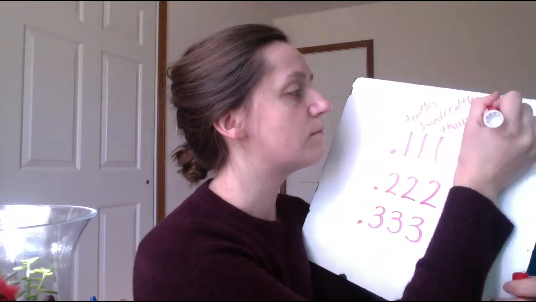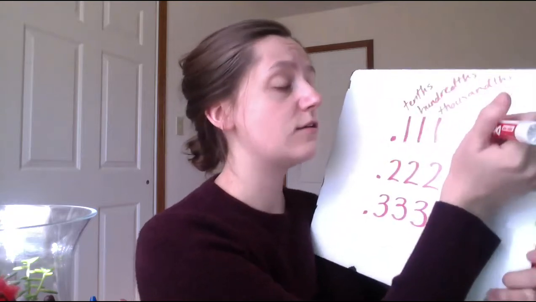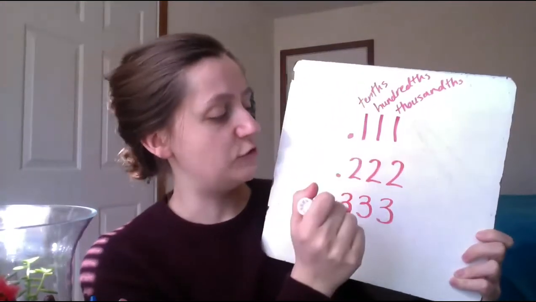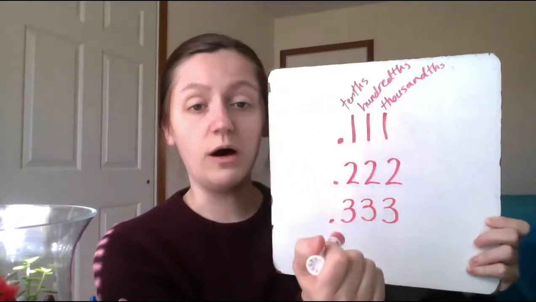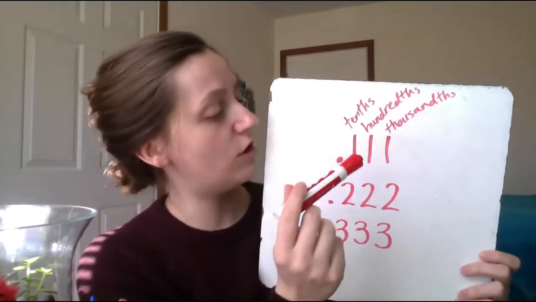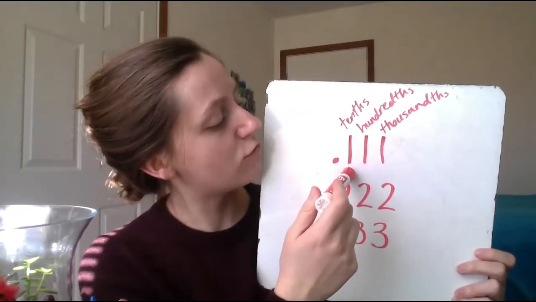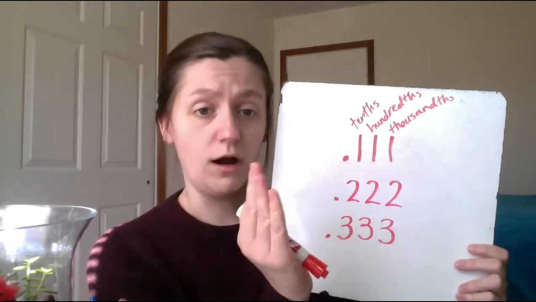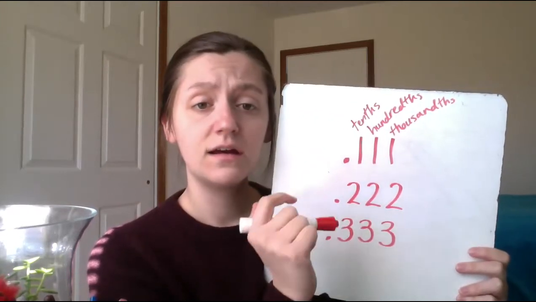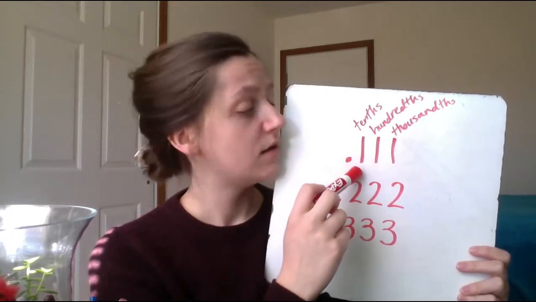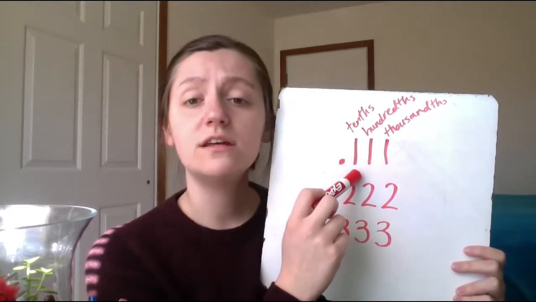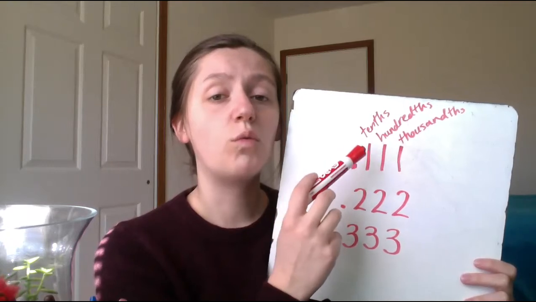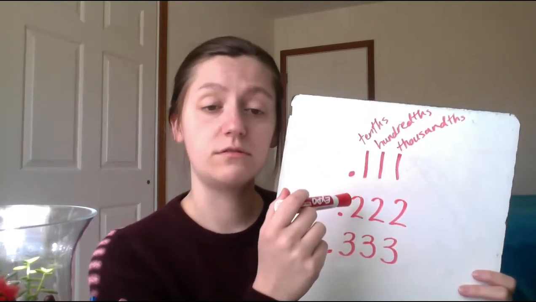So my first step is going to be to compare each of these numbers in the tenths place. I want to see which number is the smallest. I want to see which number is the largest. So if I look at it, I have 1, 2, and 3. So right off the bat, I know that 111 thousandths is the smallest because it only has 1 in the tenths place, okay?